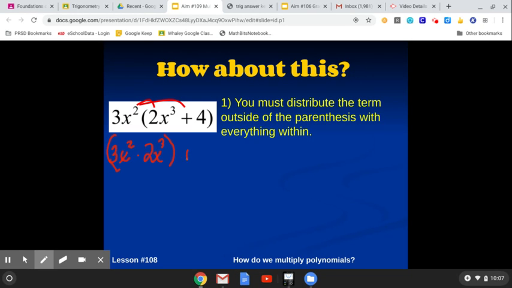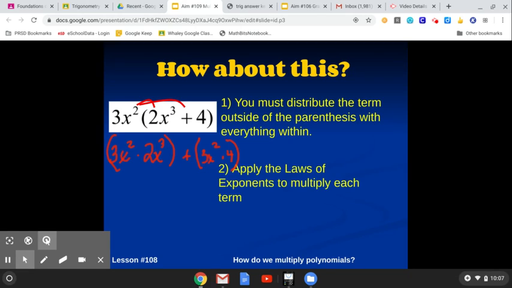Plus 3x squared times 4. You could show the work if you wanted to. I think a lot of us will probably do it in our heads, and we'll just have to apply our laws of exponents. So 3x squared times 2x to the third is 3 times 2 is 6, x to the fifth.